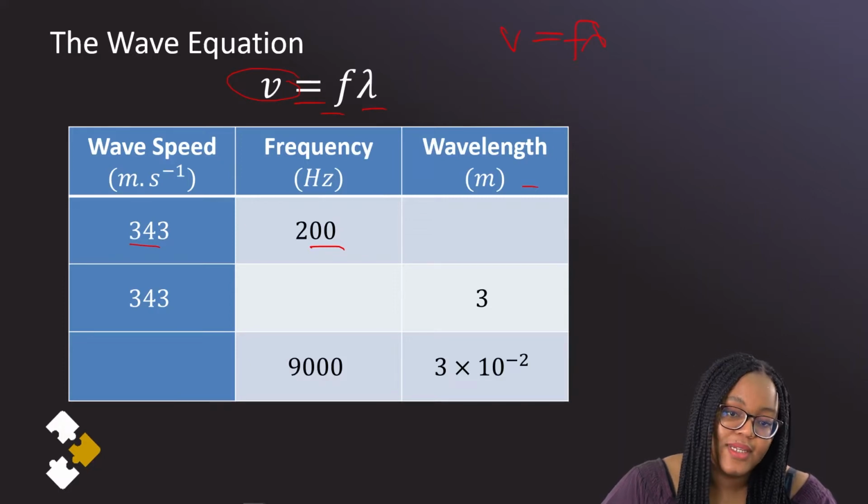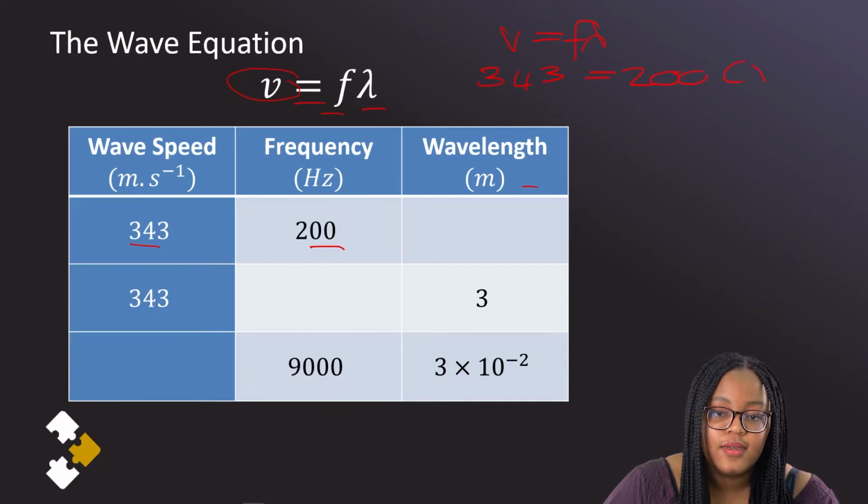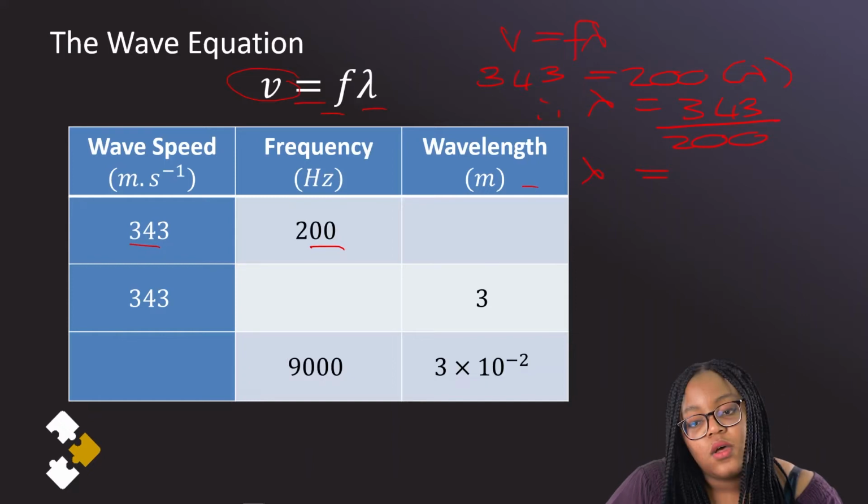By doing so, we will get 343 is equal to 200 lambda. And if you calculate that, lambda is equal to 343 divided by 200, and you'll get an answer of 1.7 meters for your wavelength.